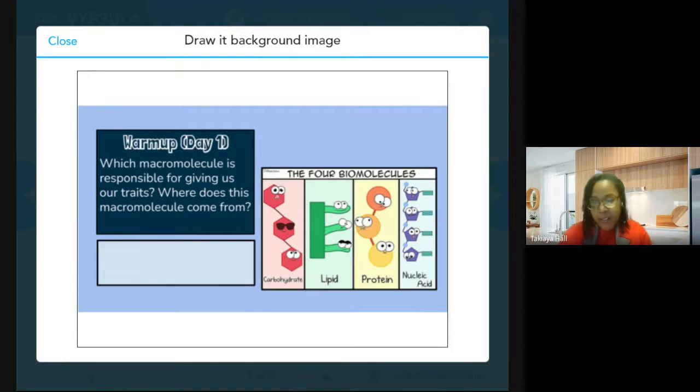And that's for anybody else that's experiencing some issues with Nearpod. And then where does this macromolecule come from? There we go.